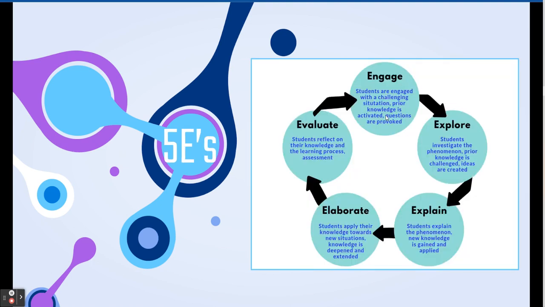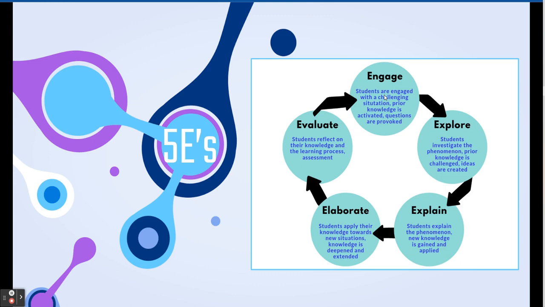So let's talk about getting started. The first one is something I've used for a very long time. I'm a science teacher. I've taught science and math for about 20 years now. With the adoption of the Next Generation Science Standards, what came from that was the idea of the 5 E's, where you start with something engaging.